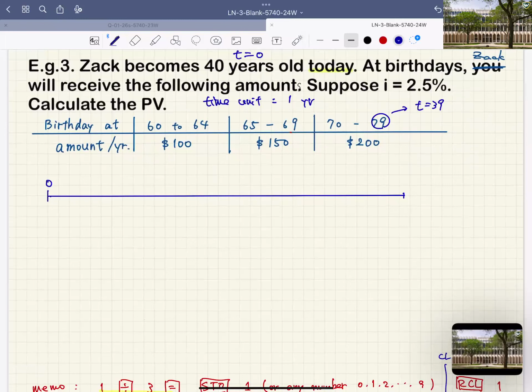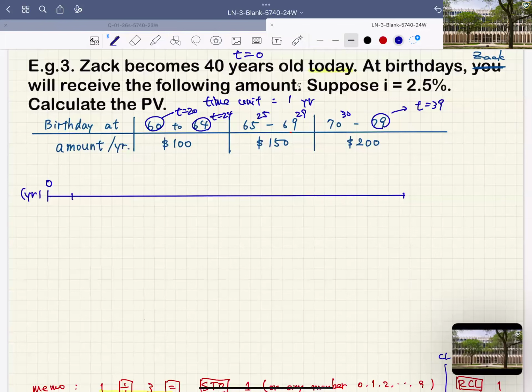That means we have 0 and then 60. 60 is t equal to 20, right? Maybe I have to transform everything. So t equal to 20, and this is t equal to 24 and 25 here, and the 69 is 29, and the 70 is 30, and the last one is 39. Okay, so then t equal to 0. This is 40 years old.